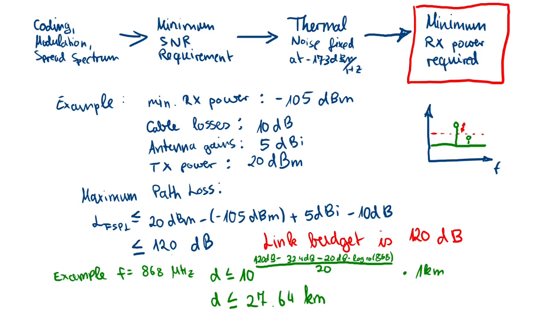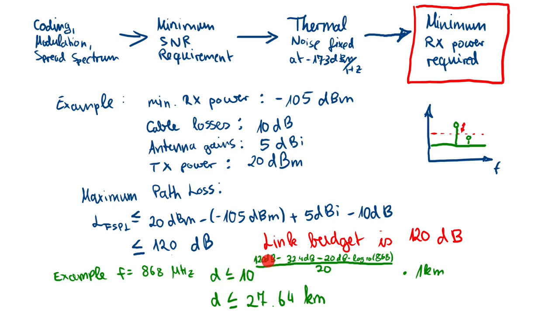And a practical use is, given that the communication happens at a certain frequency, for example 868 megahertz, you can say how much is the maximum distance between the transmitter and the receiver, assuming free space path loss. So here this is the formula for the free space path loss, but modified in a way that we can calculate the maximum distance between them.